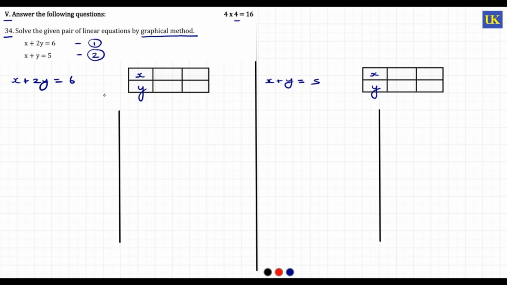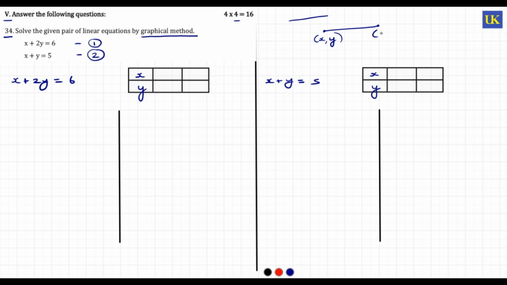Now what we need is, see, every linear equation can be represented as a straight line. And to draw a straight line, we need two coordinates. So this is one point, and one point will have coordinate x and coordinate y.